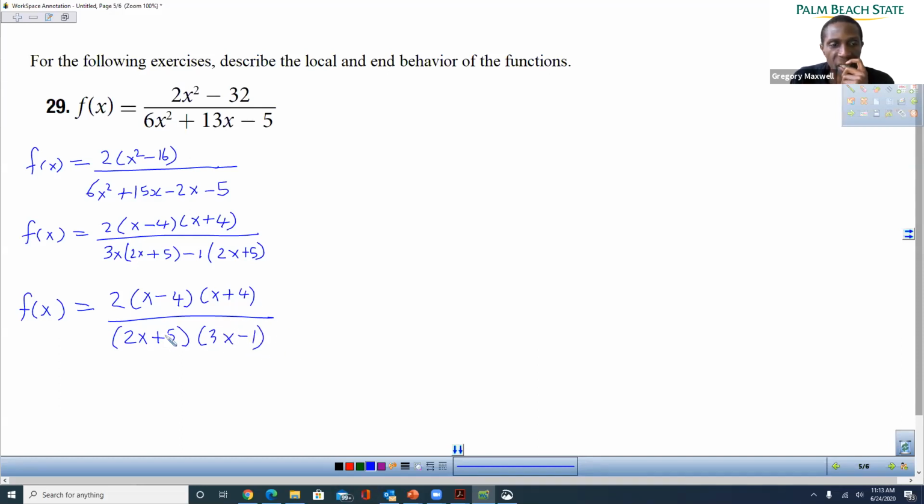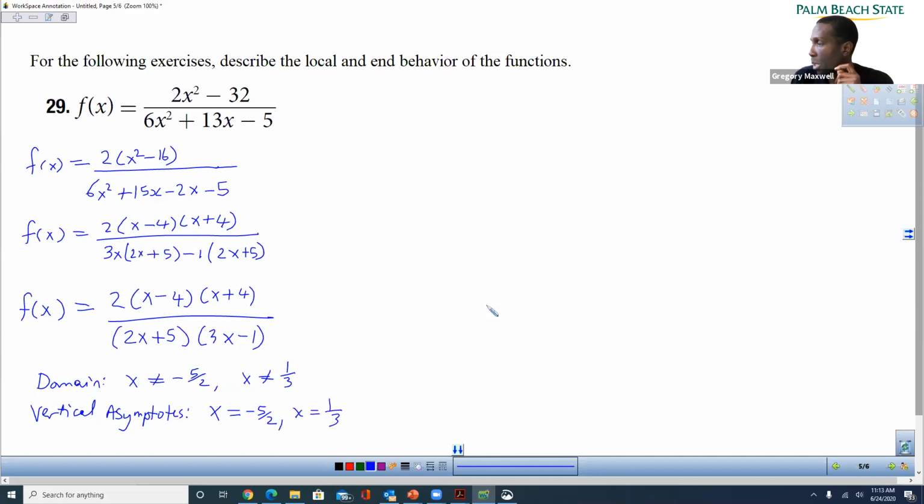Looking at this function, you see that the domain is that x is not equal to negative 5/2 and x is not equal to 1/3. And since there's nothing that cancels, you have vertical asymptotes at x equal to negative 5/2 and x equal to 1/3.